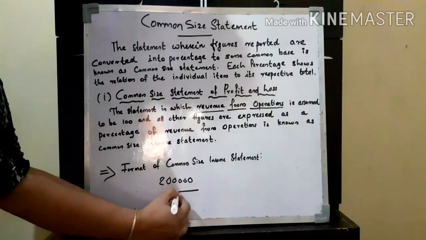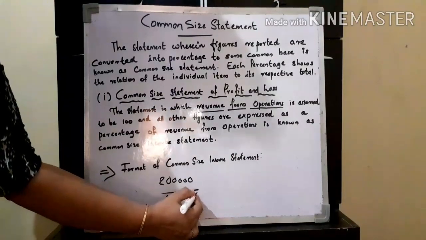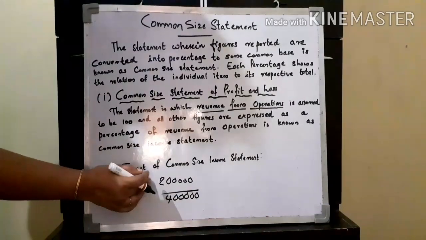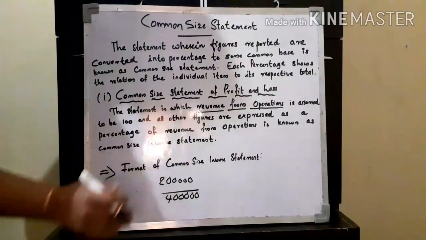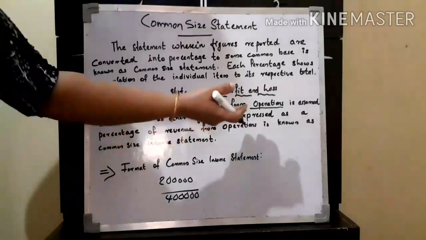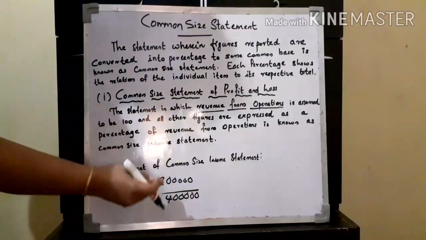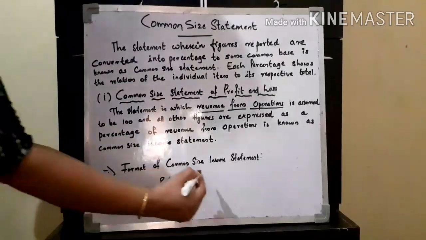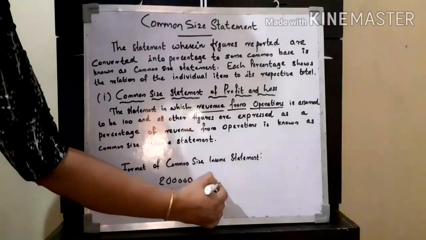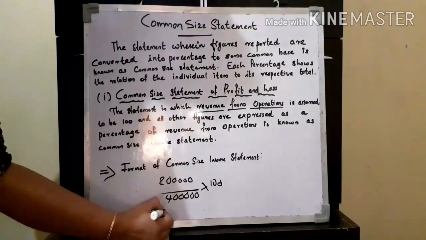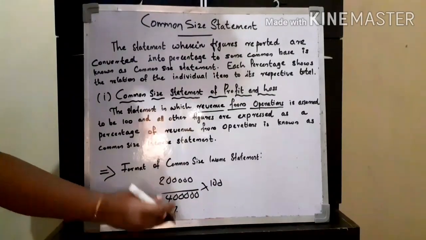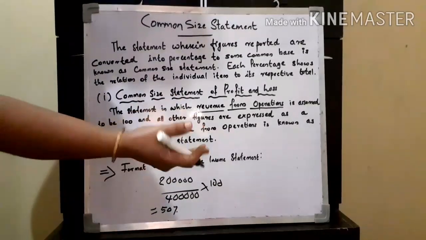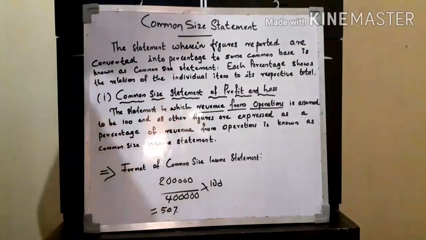So the base of that particular year is 4 lakh rupees revenue from operations, then 2 lakh rupees one item, that is other income. Then our base is assumed to be 100. So we convert this other income into the percentage of the base: 2/4 into 100 is equal to 50%. That means other income is 50% of the revenue from operations.